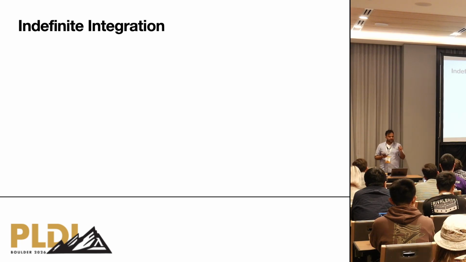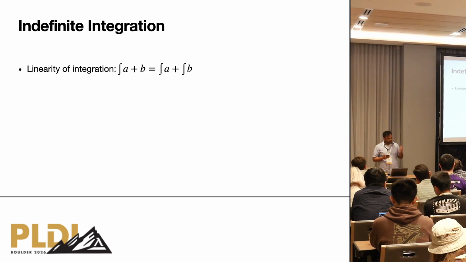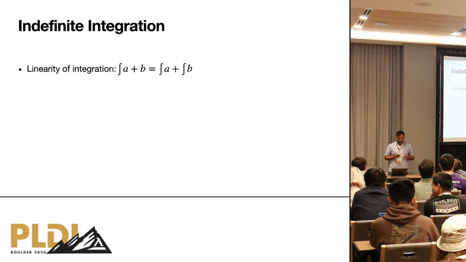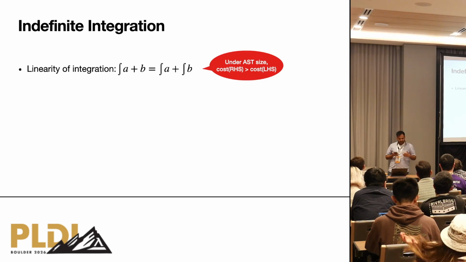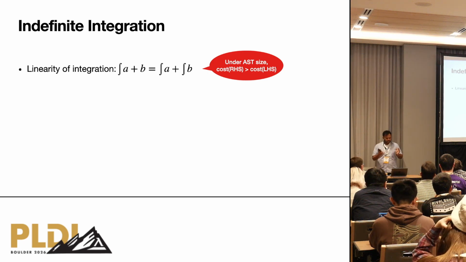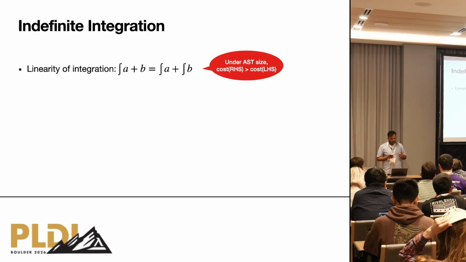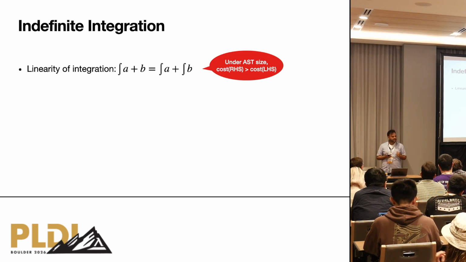I want to highlight one issue that arose in this benchmark. A very productive rewrite rule for doing indefinite integration is the linearity of integration. The problem is that under the standard AST size cost, from the egg math example, the right-hand side is going to have higher cost than the left-hand side. And this is very problematic for stochastic search.